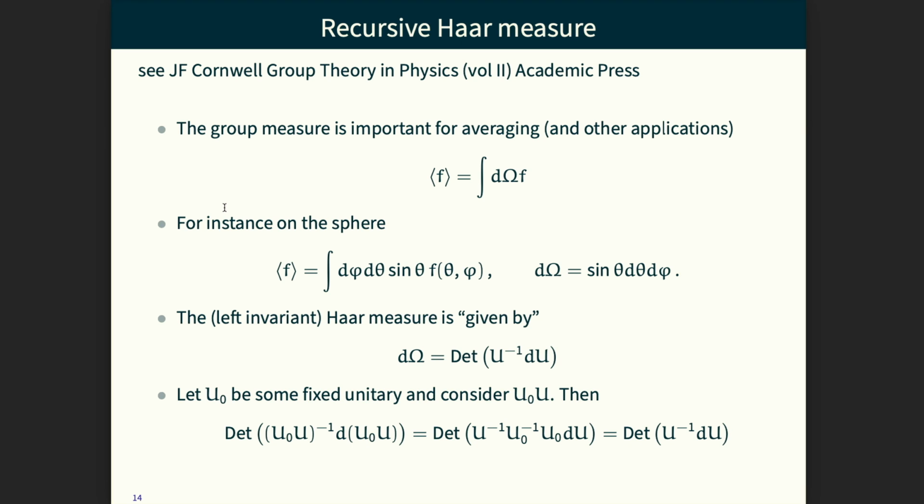Well, if I multiply my u by some arbitrary u naught on the left, I just plug that in, and of course the inverse makes the u naught appear on this side, and because it's constant, these basically cancel out, and I'm left there. So I could multiply my unitaries by any constant matrix on the left. I can do it with any constant matrix on the right also. It's not going to change any of the properties of the measure.